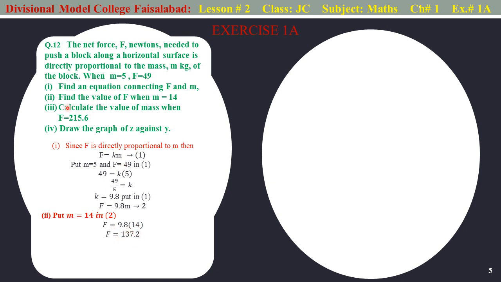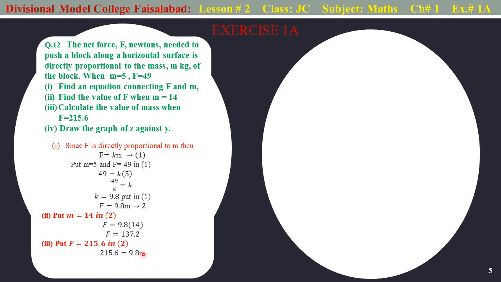In part 3 you are asked to calculate the value of mass when F is 215.6. Now in this case the value of F is given. So we will put this value of F in equation number 2. 215.6 is equal to 9.8 m.